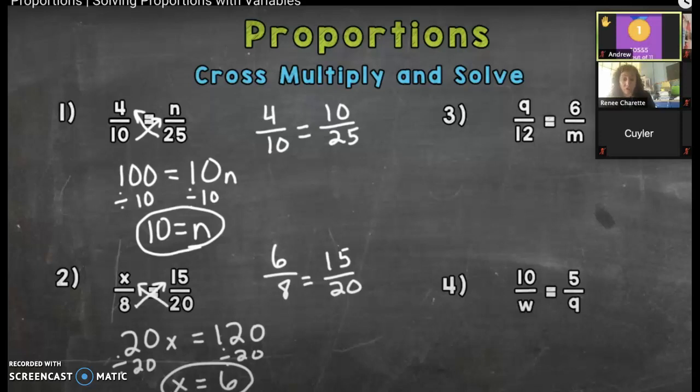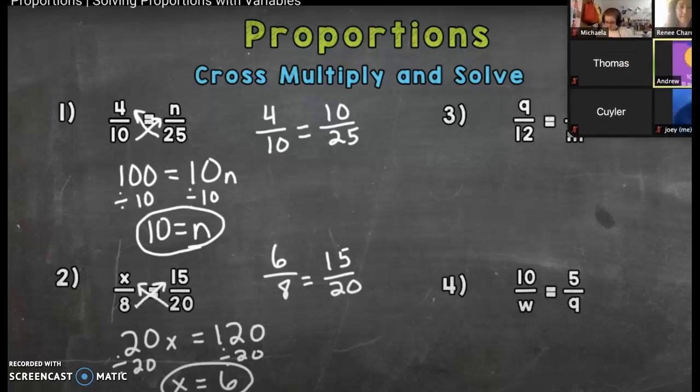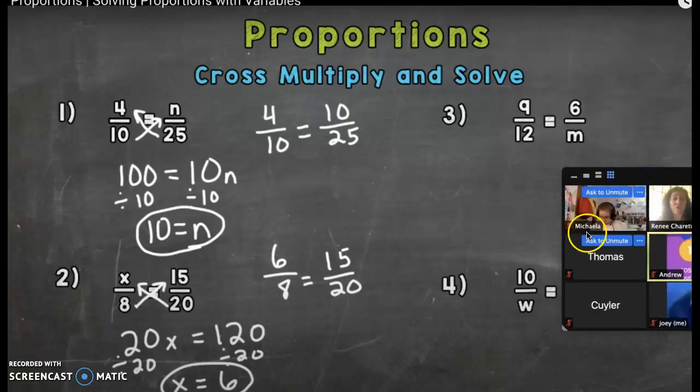So if in the original it said 5x over 8 instead of just x over 8? Is that what you mean, Andy? Yeah. So then you would multiply 5 times 20, which is 100x, is what you would have there.